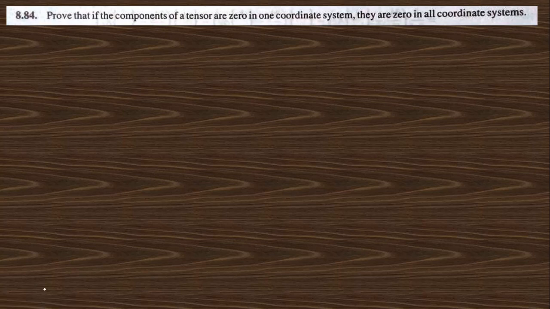Next question, prove that if the components of a tensor are 0 in one coordinate system, they will be 0 in the other coordinate system also.